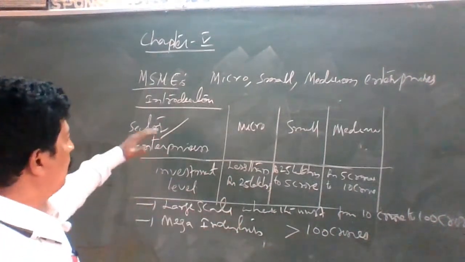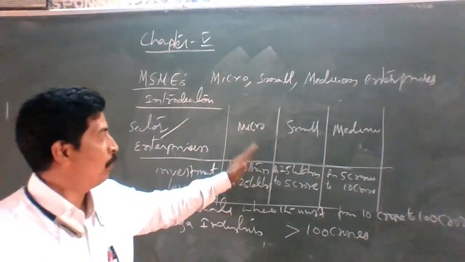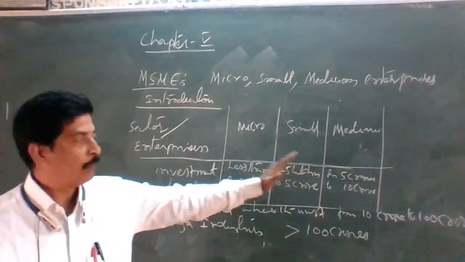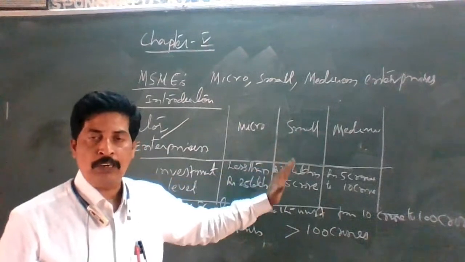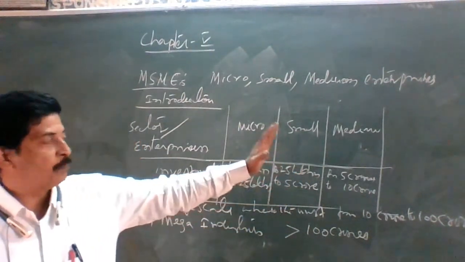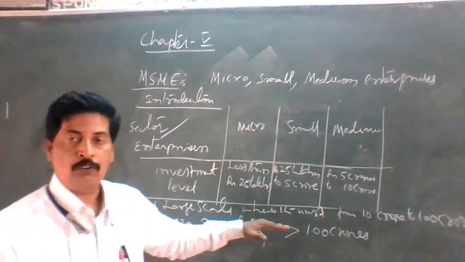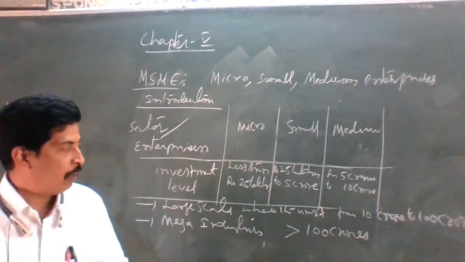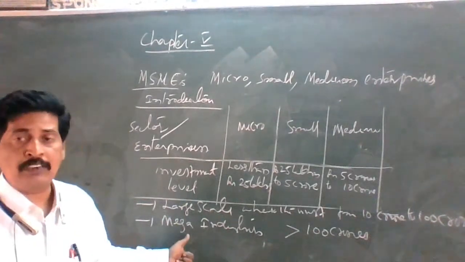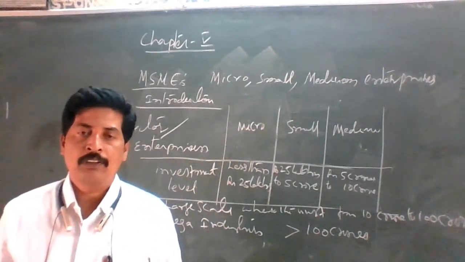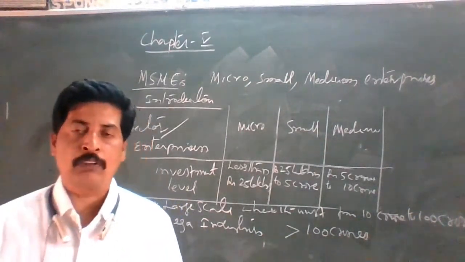So for micro it is less than 25 lakhs, small 25 lakhs to 5 crore, medium 5 crore to 10 crore, large scale 10 crore to 100 crores, and for mega industries more than 100 crore.